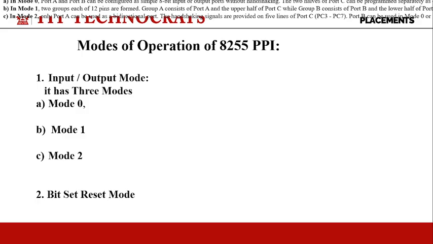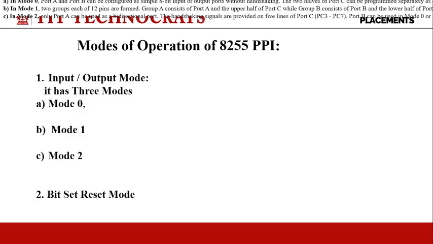In this case, for port B, the lower 4 bits of port C can be used as handshake signals, while in case of port A, the upper 4 bits of port C can be used as handshaking signals. These 2 ports, port A and port B, can be used as 8-bit input output ports, and each of these ports uses 3 lines of port C as handshake signals, and the remaining 2 lines can function as input output port lines.